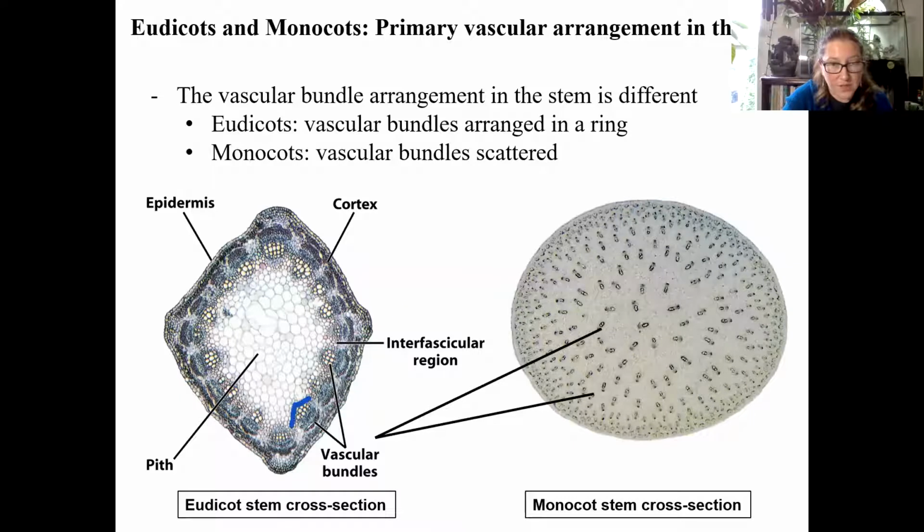So here's a vascular bundle, here's a vascular bundle, here's a vascular bundle, etc. And all of these vascular bundles are arranged in a ring for the dicots. If we do a cross section through a monocot though, each of these dots is a vascular bundle. Here's one, here's one, here's one, etc. And obviously those are not arranged in a ring. They are scattered everywhere. You guys will also come across this in lab.